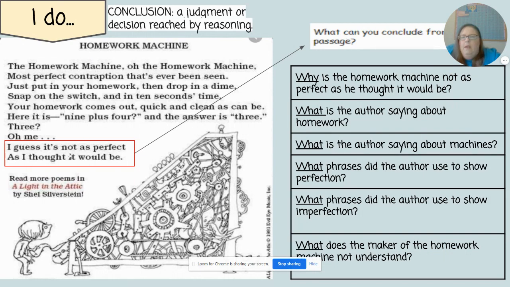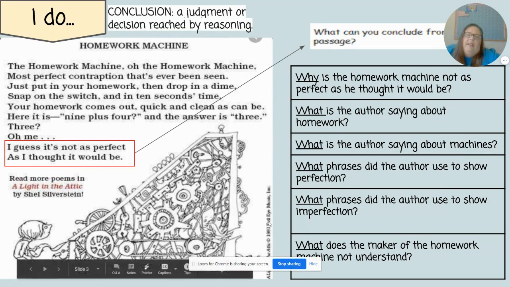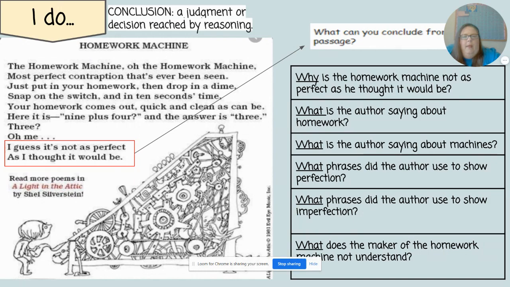And when I look, I see, I guess it's not as perfect as I thought it would be. That's the conclusion that the writer came up with. So let's look at what the author is really saying when they say, I guess it's not as perfect as I thought it would be.